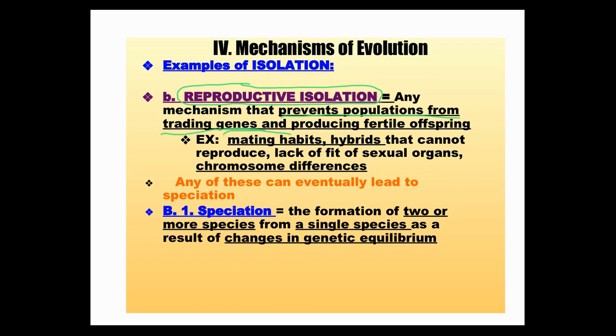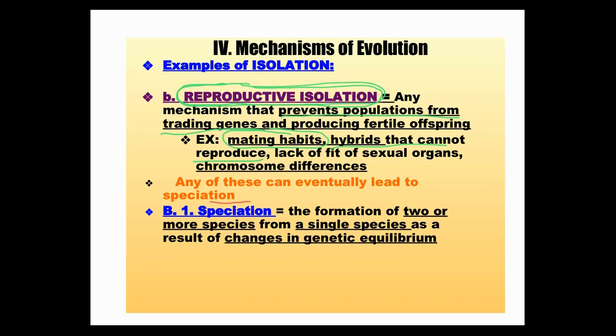Like, for example, maybe mating habits, or hybrids like mules, they cannot reproduce because they're reproductively isolated from each other. They can't reproduce, even though they're right next to each other. But don't worry about that. I'm not going to test you on it.